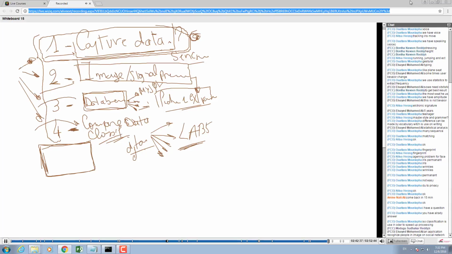After this, when you want to compare, if it's a small database, you can compare one by one. If it's a huge database, it's better to use a classification approach. As I said, there are many approaches that can be used for classification. You will take some labs and at least see how it works. Okay, you will see theory and practice. But what is important for you, at least, is to have this general scheme.